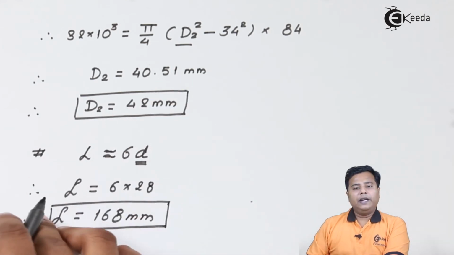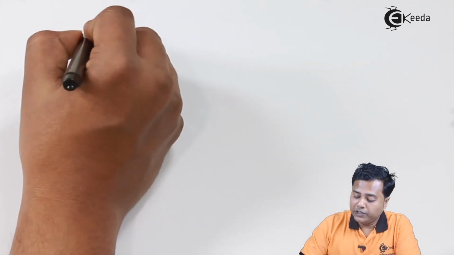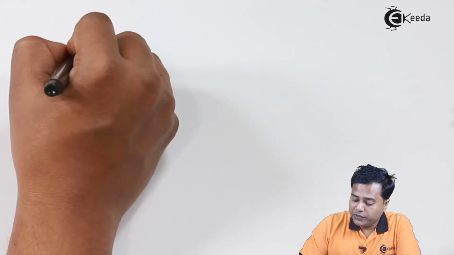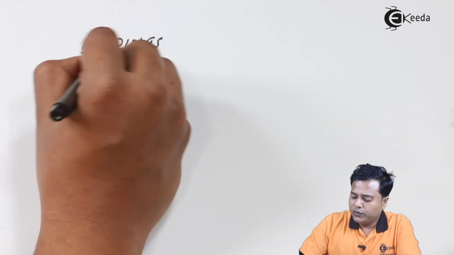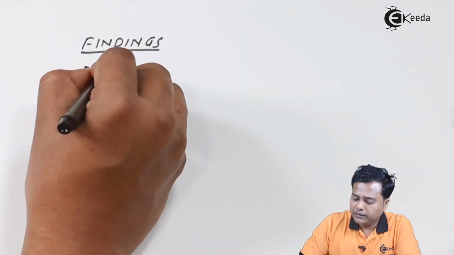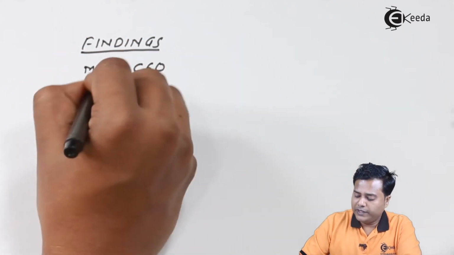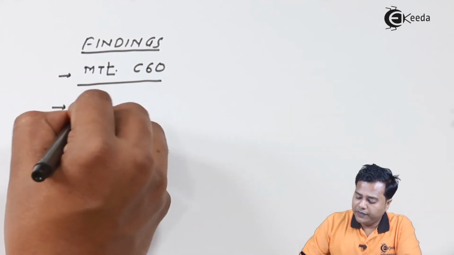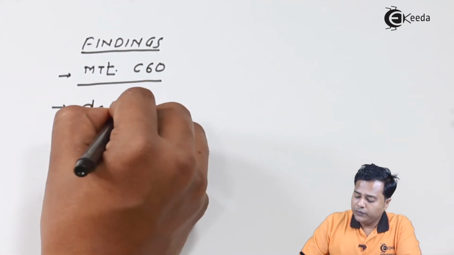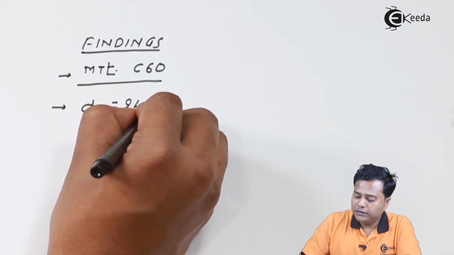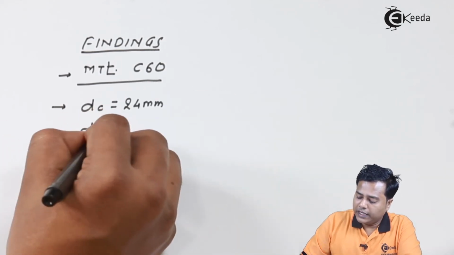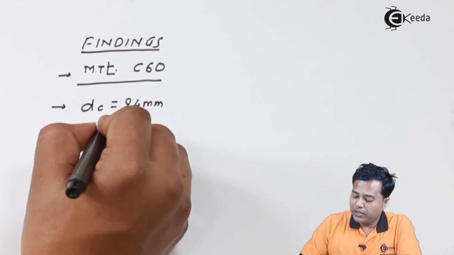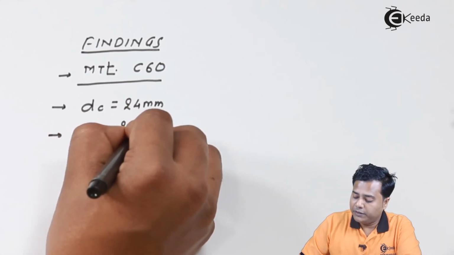Now that is the finding about all these problems. We actually end with the problem, but it's better you always summarize your findings. So we had selected the material C60 with its material properties. That was the first finding. Second finding we had was the core diameter, which was 24 millimeter. Then we found out the outer diameter of the tie rod, which came out to be 28 millimeter.